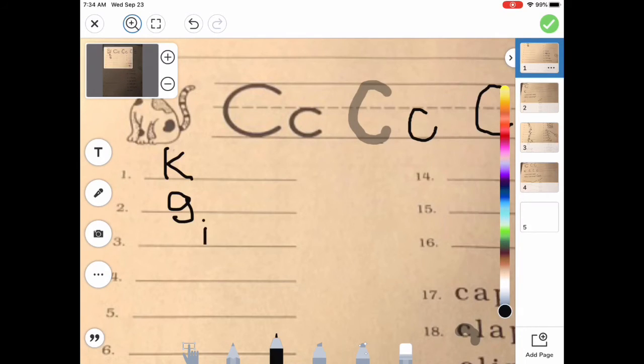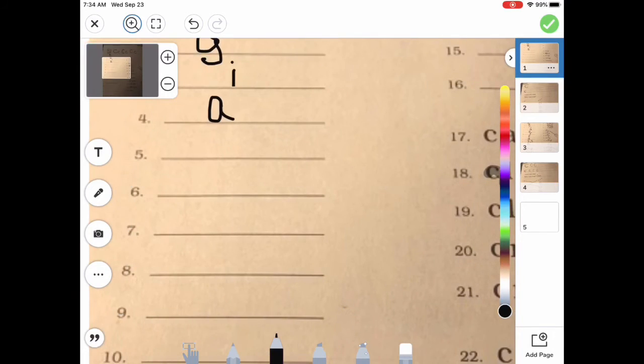That's right, it's I, that short I. Number 4, we're going to make the letter that makes the A sound. That's right, it's going to be that long A. Number 5, we're going to make the letter that makes the D sound.